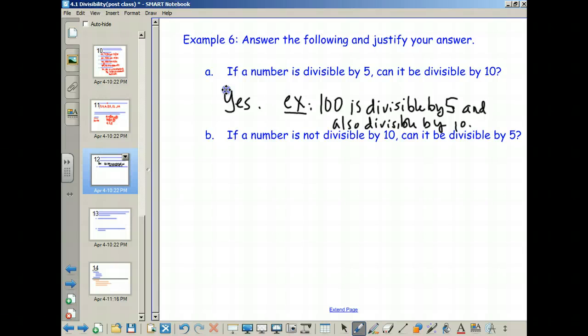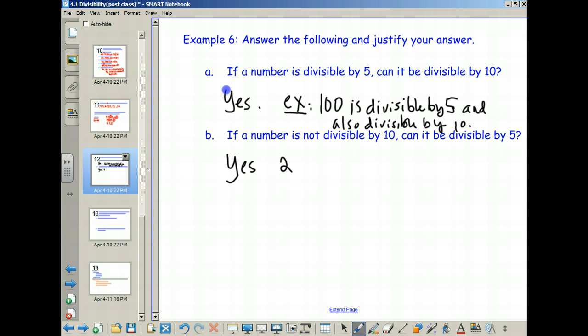Okay. Second one, if a number is not divisible by 10, can it be divisible by 5? Yes, and that's actually the same kind of question as part A, right? So let's give an example. 25. Yes.